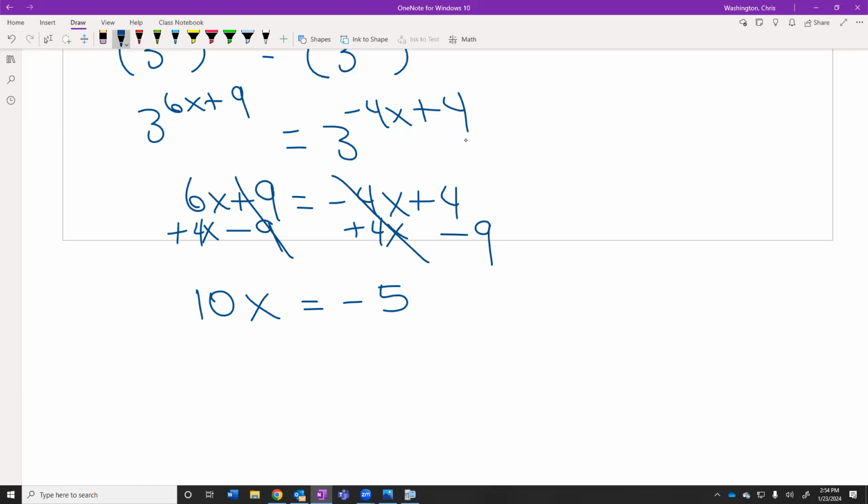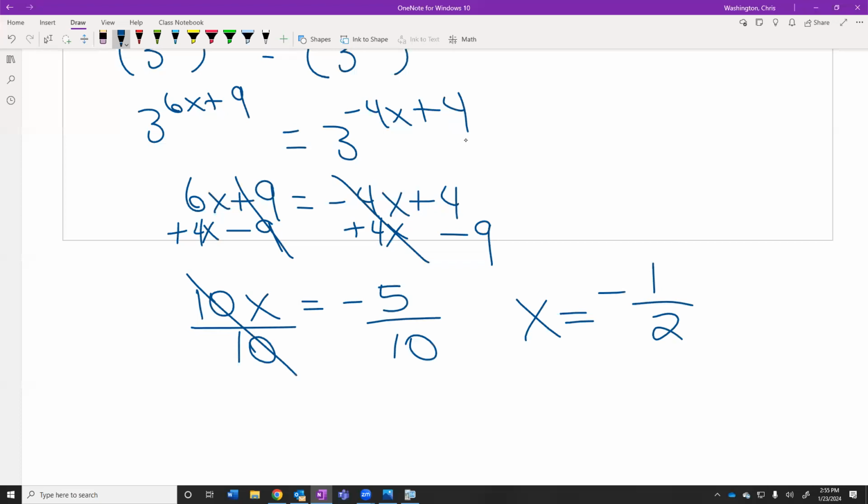We're going to divide both sides by 10. And then we're going to simplify the fractions if they can be simplified. Your calculator will simplify most of them. But in this case, 5 divided by 5 is 1, and 10 divided by 5 is 2.